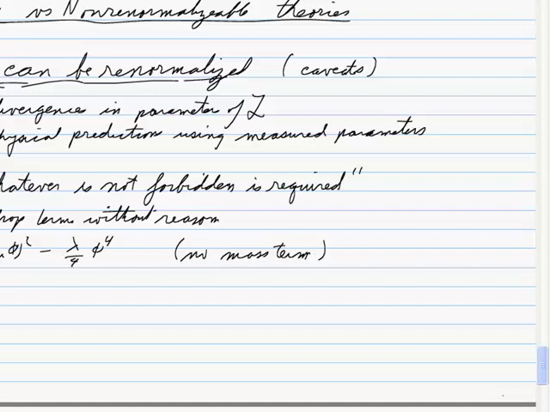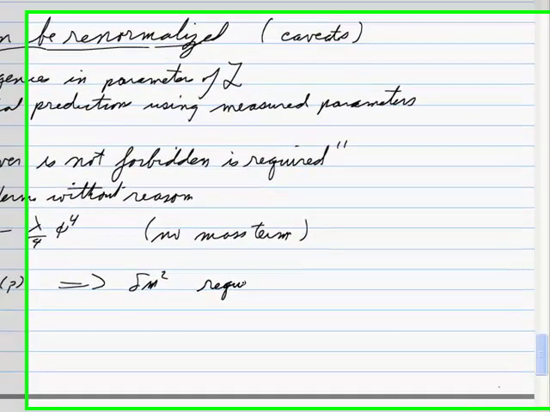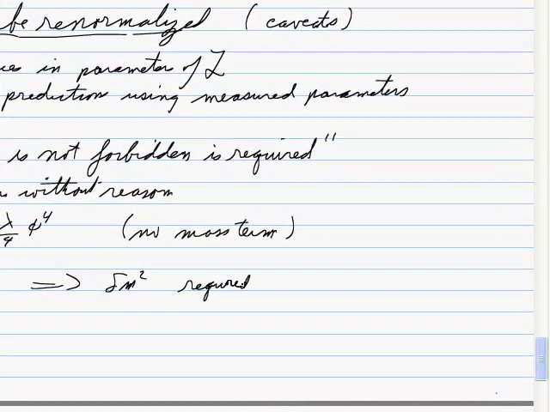If you tried to do that theory, you couldn't renormalize it, because the lambda phi to the fourth generates a self-energy and requires a mass term for renormalization.